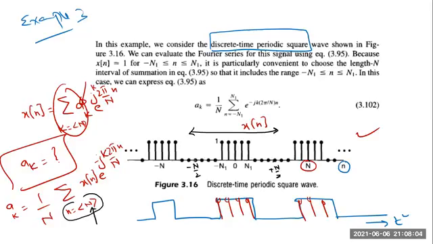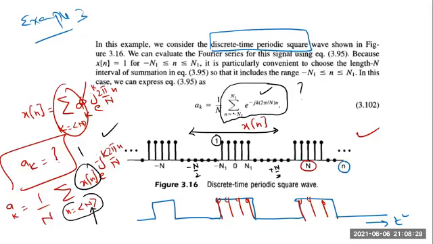And because this signal is non-zero only between minus N1 to plus N1, as a result, you can see in the summation, we only need to sum from minus N1 to plus N1. And within this interval, the signal value is 1. So you end up with the signal equal to 1, and then you have this expression. Now, all I need to do is to find out what is the result of this.